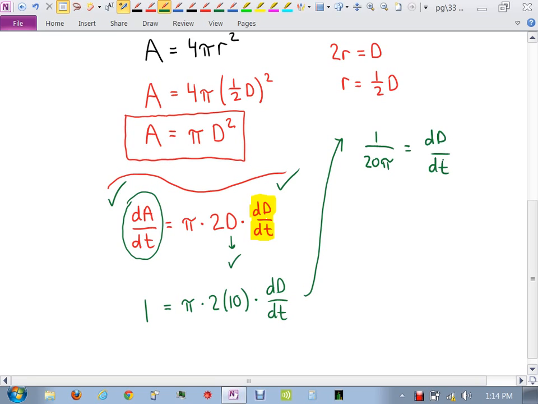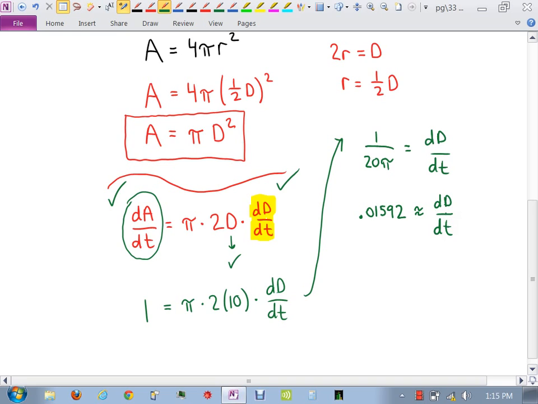And we'll go ahead and figure out what that is on a calculator. We'll just get a decimal approximation, and then divide 1 by that. And you should get something like 0.01592 is approximately dd/dt.